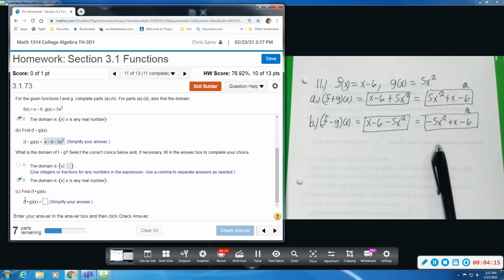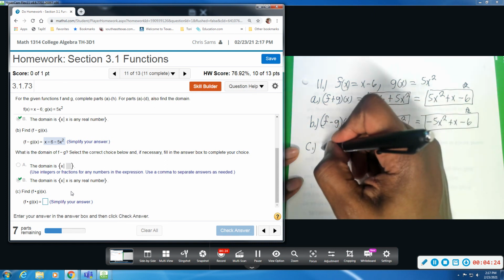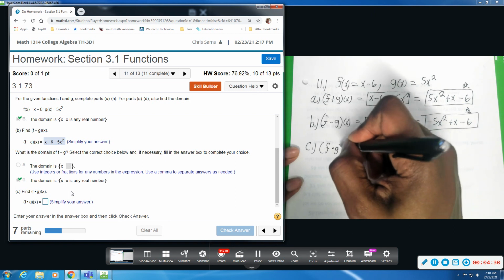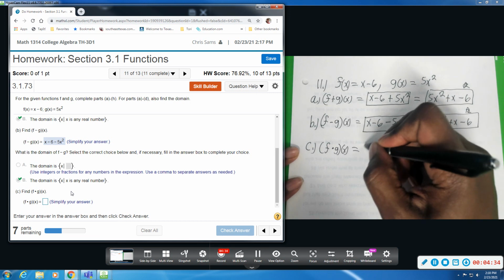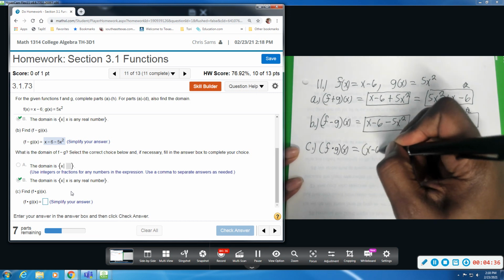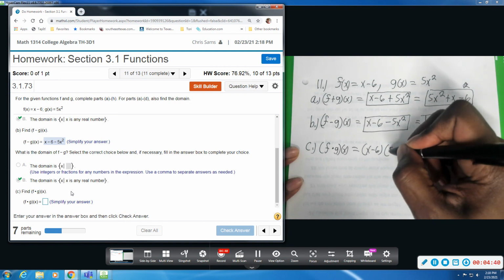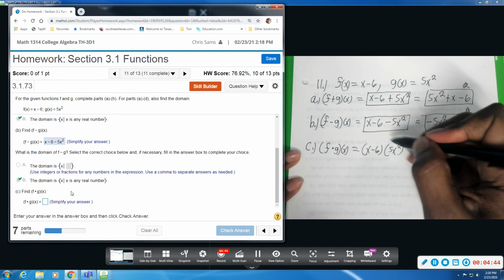Alright, part C, this time we want to multiply f and g. This is f times g of x. So that means we're going to take the f equation, which is x minus 6, and multiply that times the g, which is 5x squared. So I've got to distribute here.